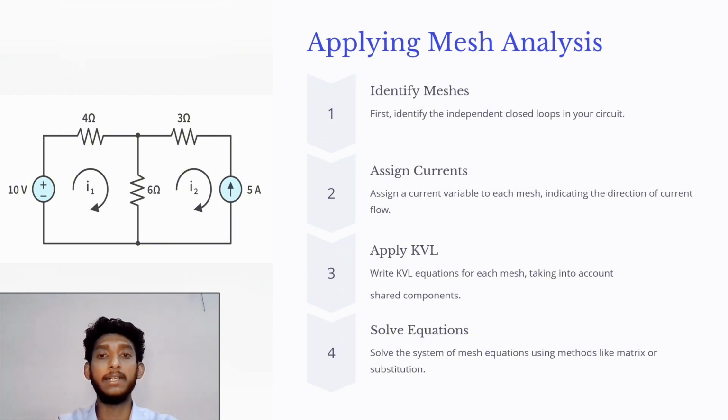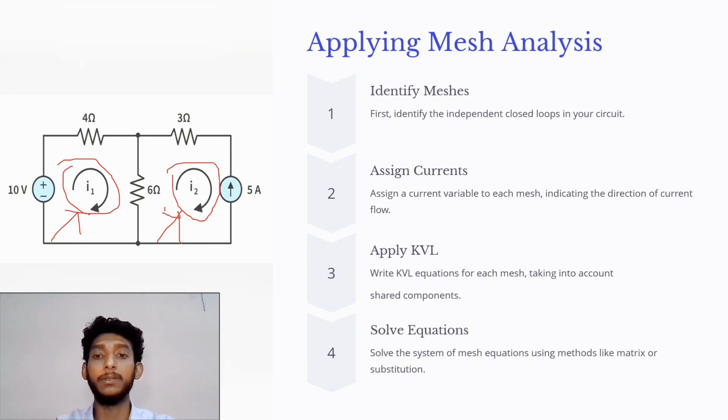Applying mesh analysis. The first one is identify meshes. First, identify the independent closed loops in your circuit. In this picture, we will see that this is a closed loop, and here I1 is loop 1 or mesh 1, and here is another closed loop which is defined as I2. Second one is assign currents.